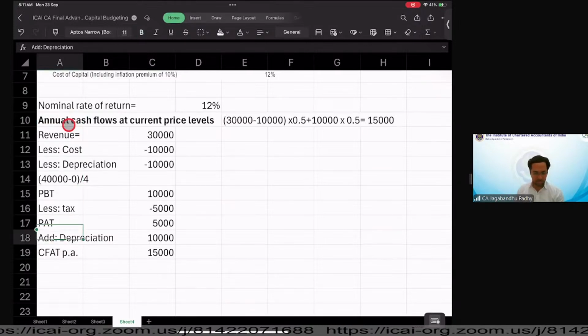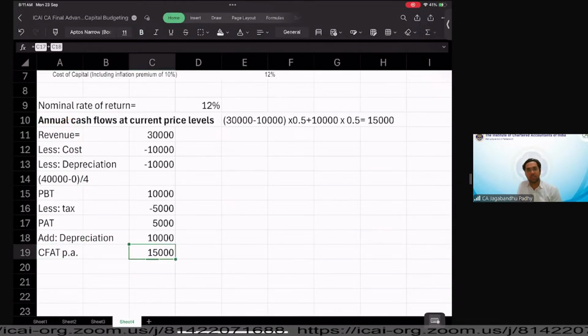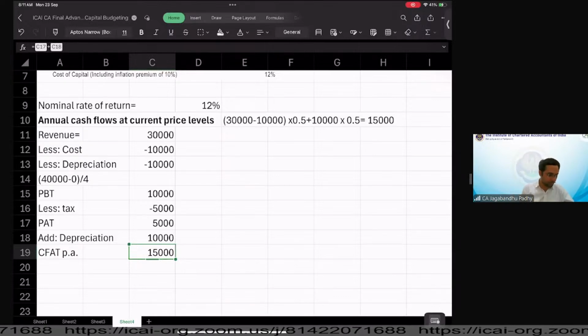So this 15,000, can you tell me, is it a real cash flow? Is it a nominal cash flow? The 15,000 that we have computed, is it a real cash flow? Is it a nominal cash flow? It's a real cash flow because we have not considered the inflation impact in this. Now, if I want to get, let's say, the nominal rate, how do we get the nominal rate?